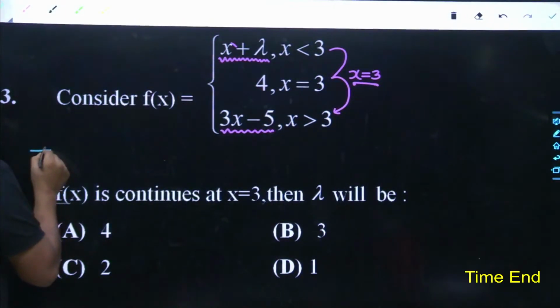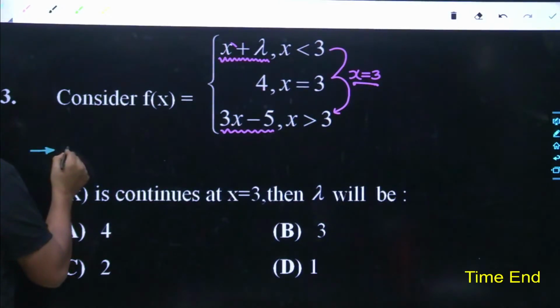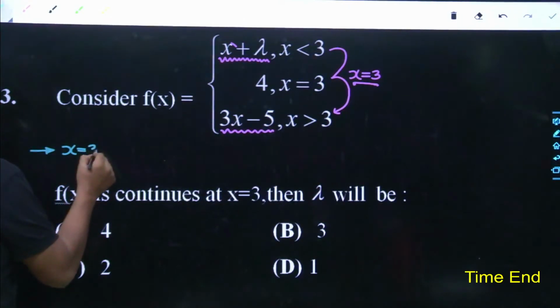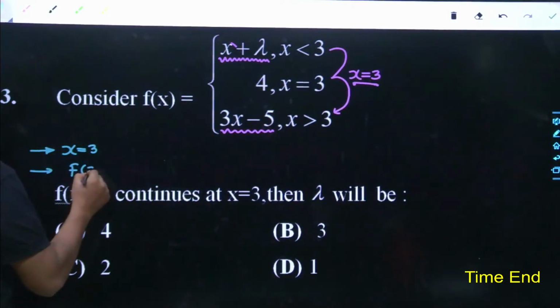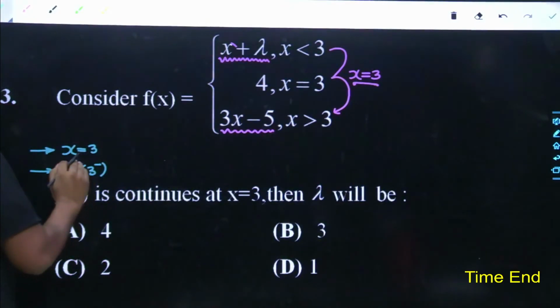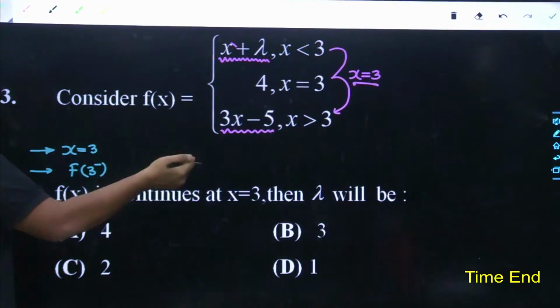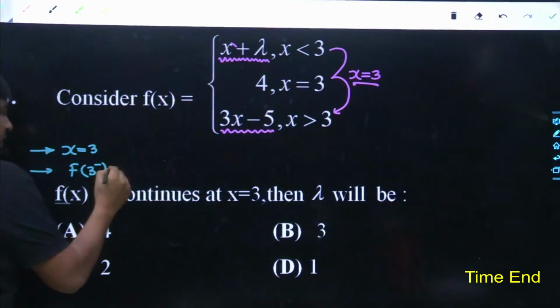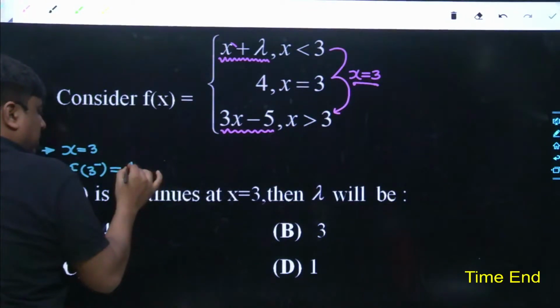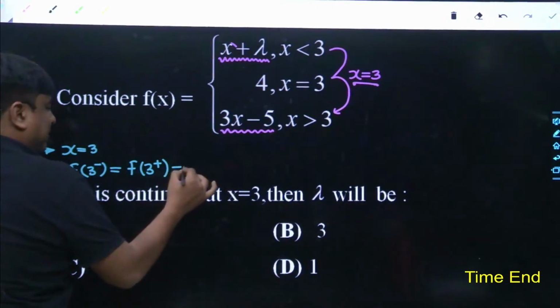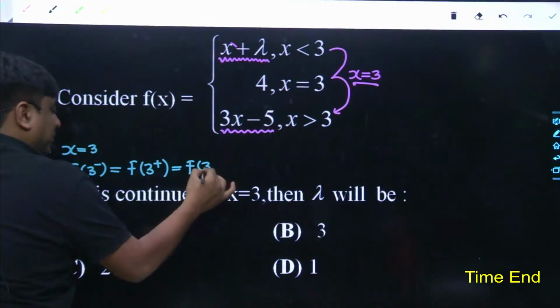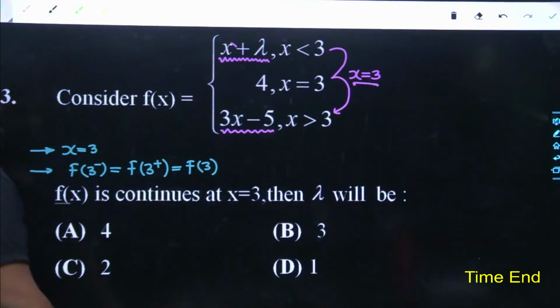The function is going to be continuous at the test point. Here the test point is x equals 3. If the left hand limit, or the worth of the function just before the test point, or the limit as x tends to 3, is the very same as the worth of the function just after the test point, and the same as the worth of the function at the test point itself.